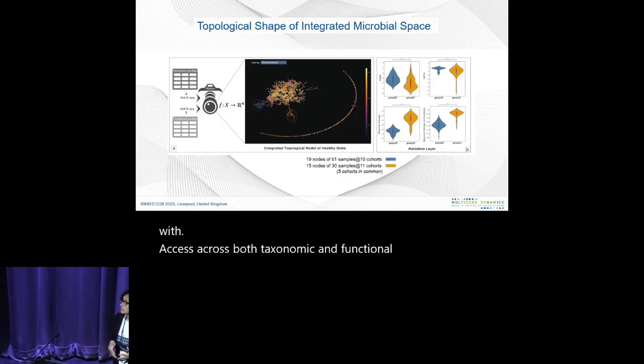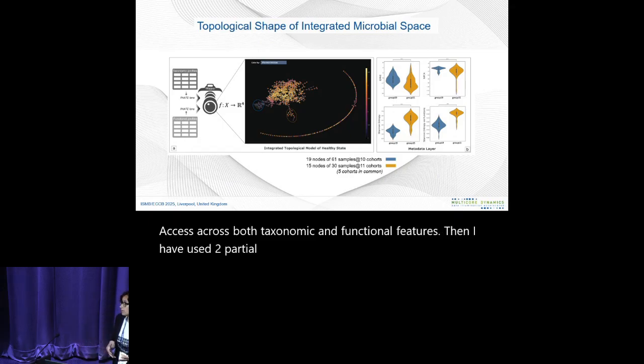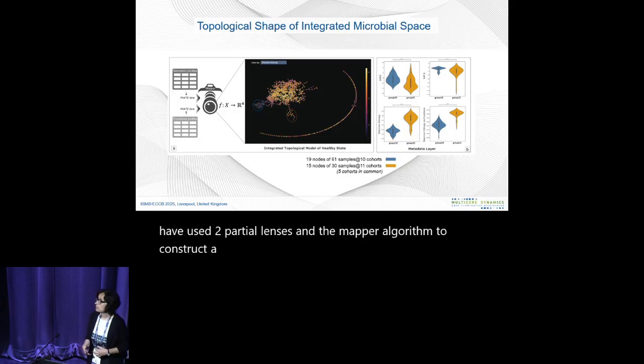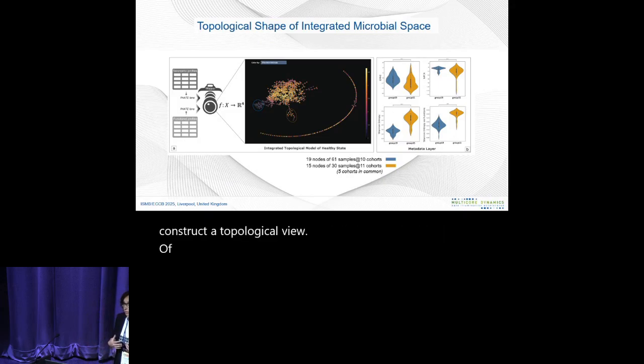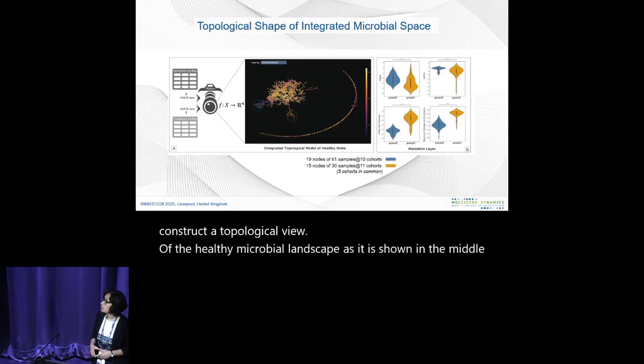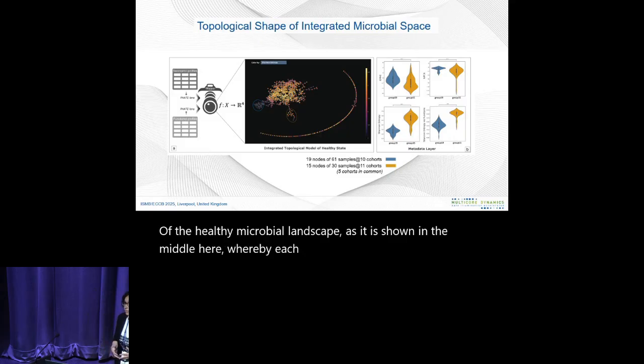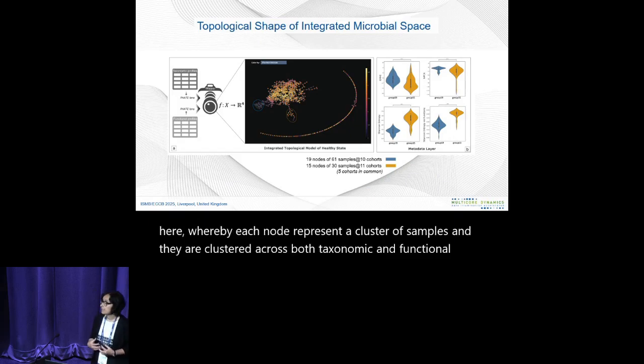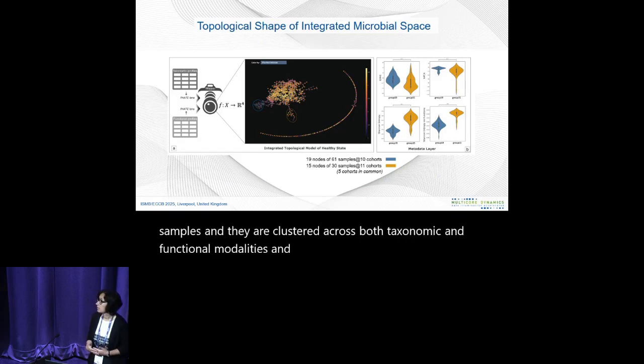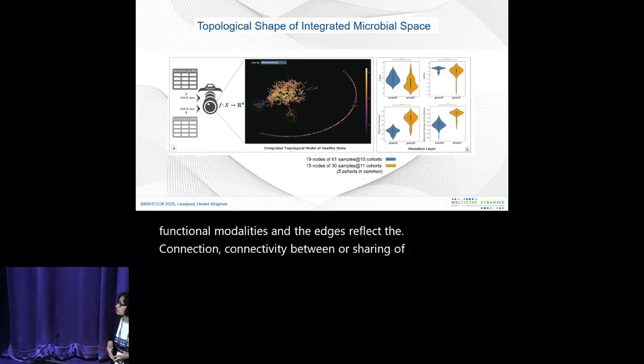Then I used two PHATE lenses and the Mapper algorithm to construct a topological view of the healthy microbiome landscape, as shown in the middle here, whereby each node represents a cluster of samples, clustered across both taxonomic and functional modalities. And the edges reflect the connectivity between, or sharing of samples between, the clusters.